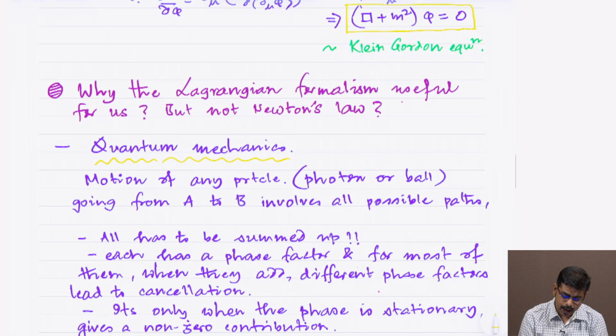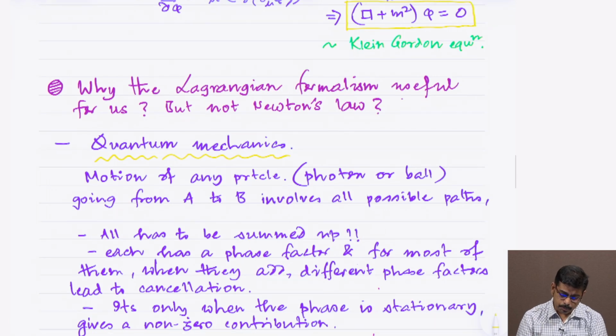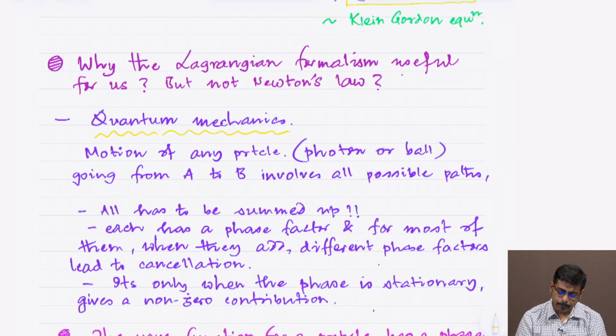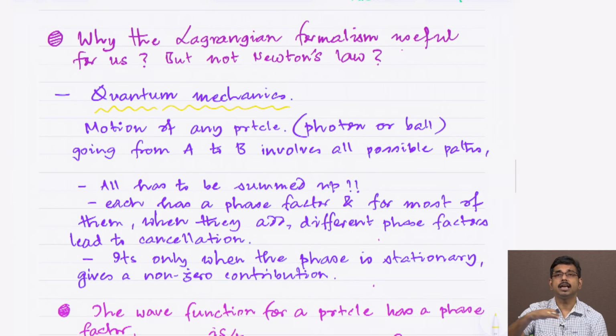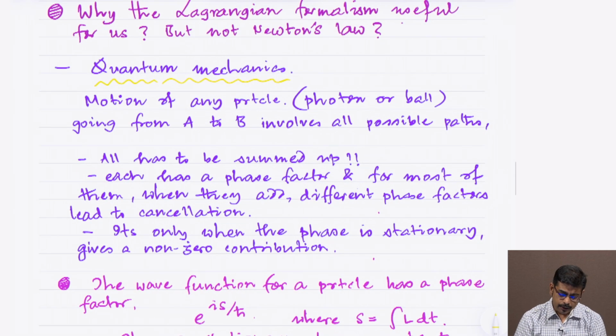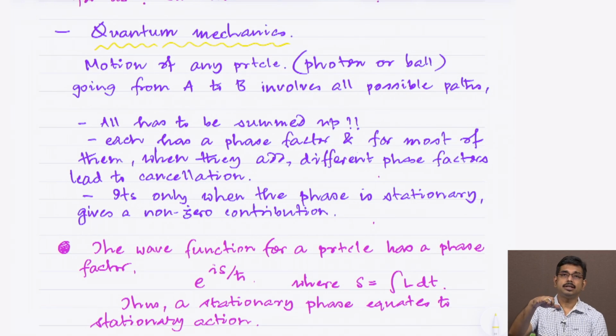The motion of any particle going from a point A to a point B involves all possible paths, and quantum mechanically we know that everything has to be summed up. It turns out that for most of these possibilities, the different phases, when they add, lead to cancellation, giving you only a stationary and non-zero contribution, and that is the classical route that the particle takes.